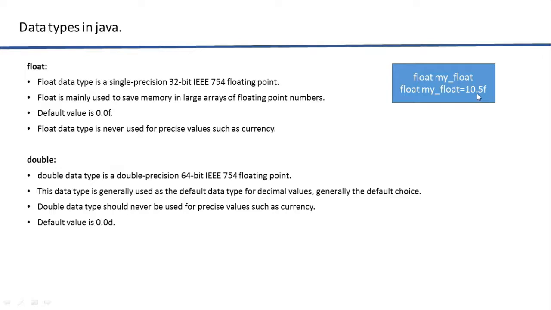Otherwise, the Java compiler will consider this value as double and it will throw a compile time error saying that you cannot assign a double value to float data type. We can declare double data type like this: double followed by variable name, and we can assign values to this double data type like this.